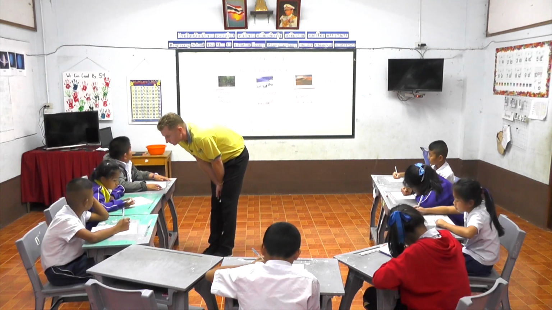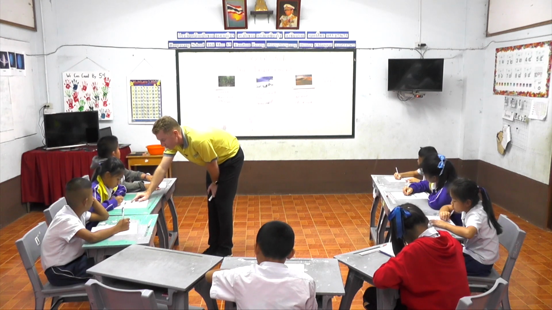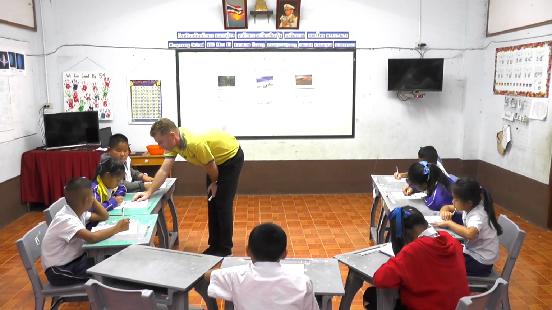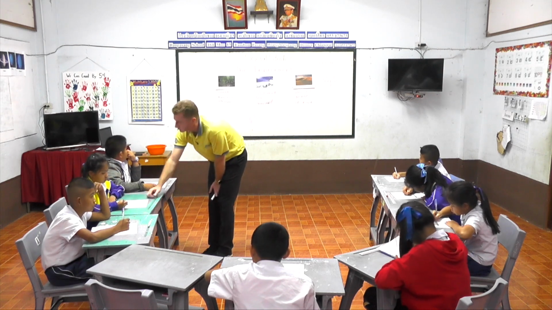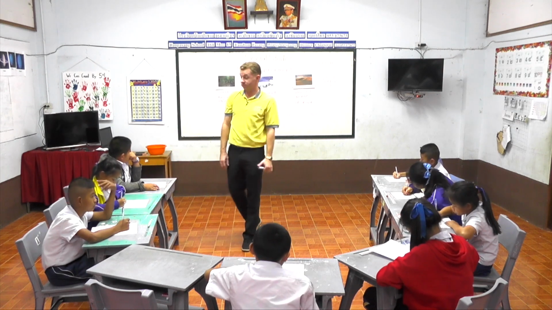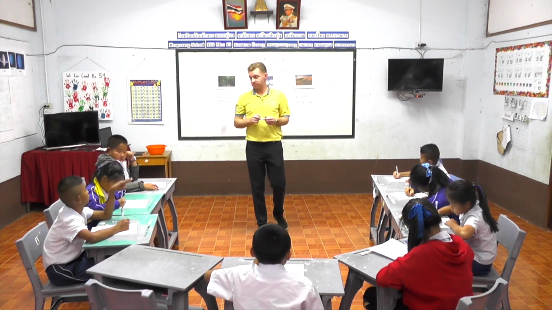Excellent, yes. And then have a look at the different writings. Each one is a different colour. So which environment is very cold and almost no rain? Polar regions, yes. So you can write that phrase under polar regions.